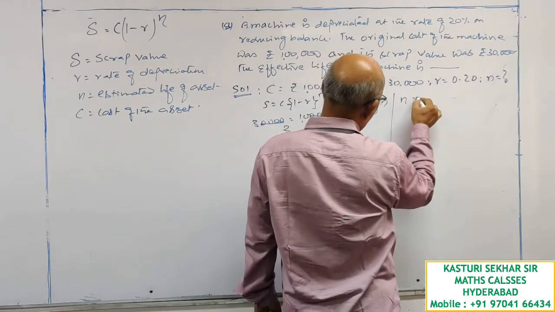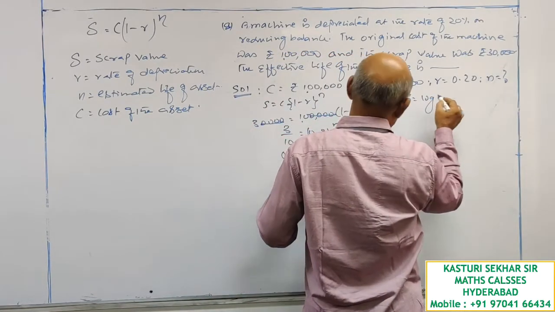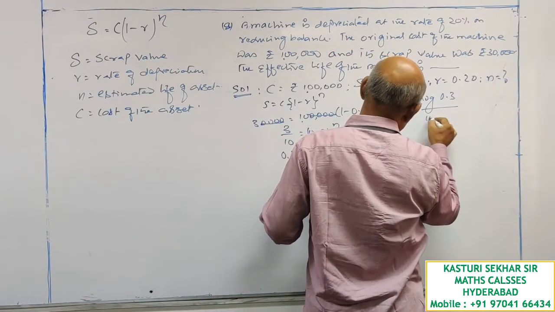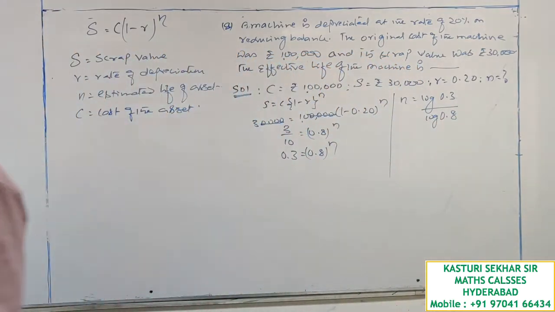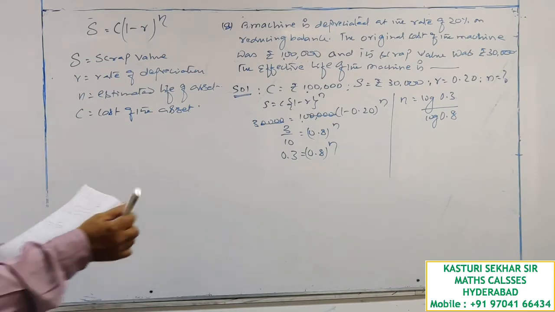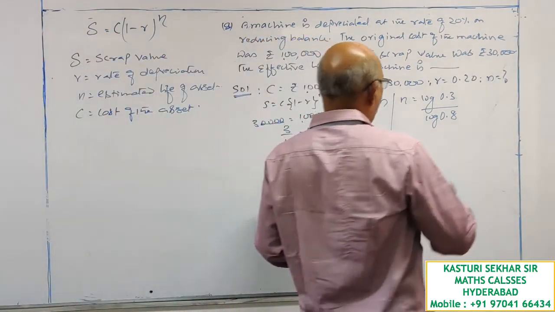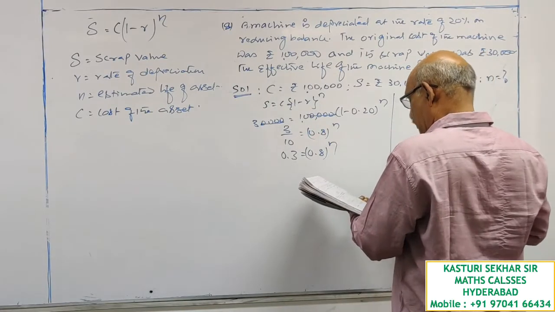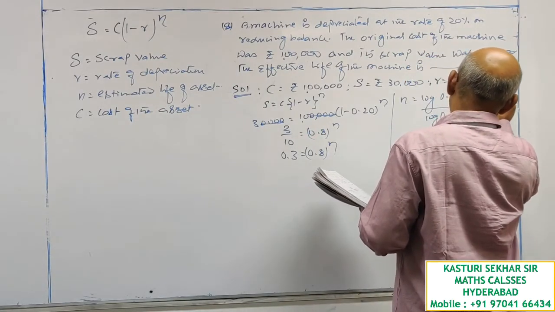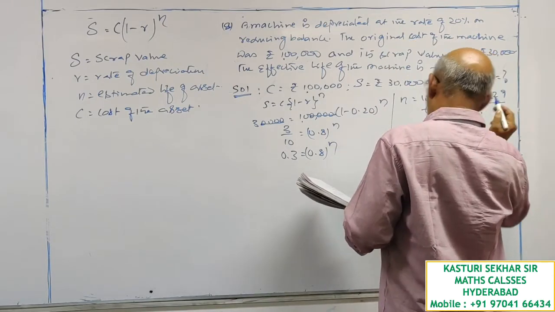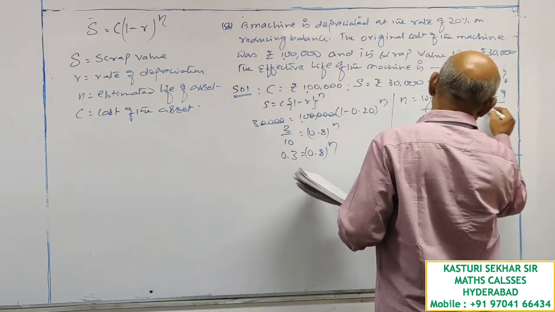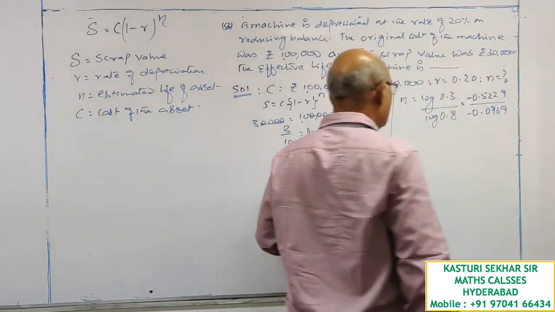Taking logs on both the sides, n is equal to log 0.3 divided by log 0.8. When you take log value on calculator, numerator is minus 0.5229, denominator is minus 0.0969.